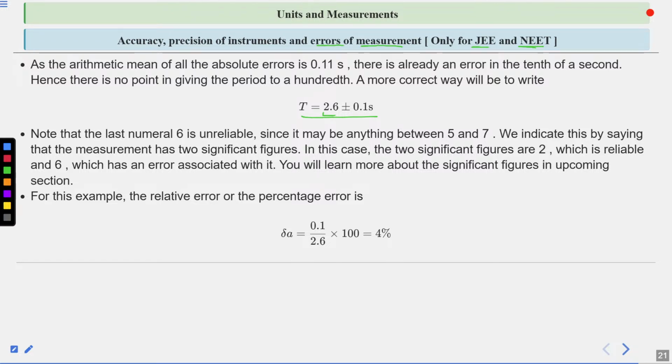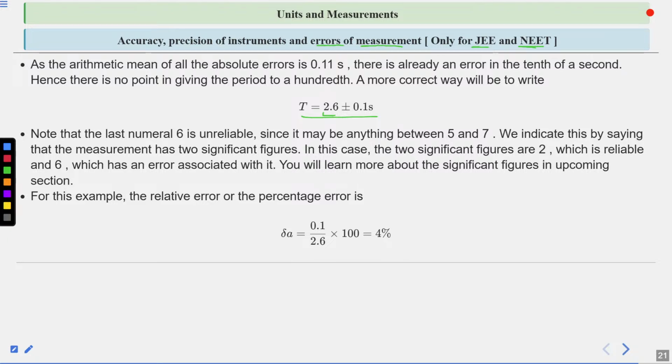Any doubt? Kirat? This concept is very important for JEE and NEET. In which section?